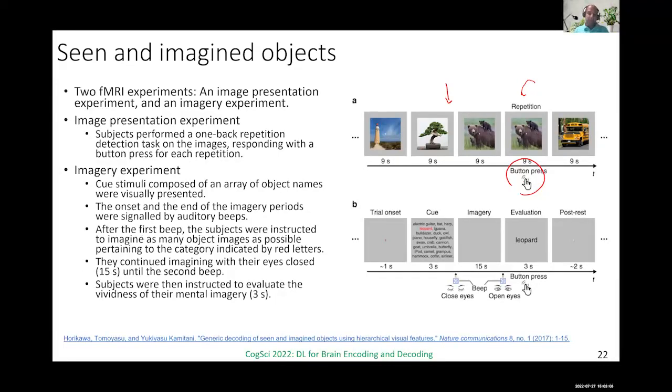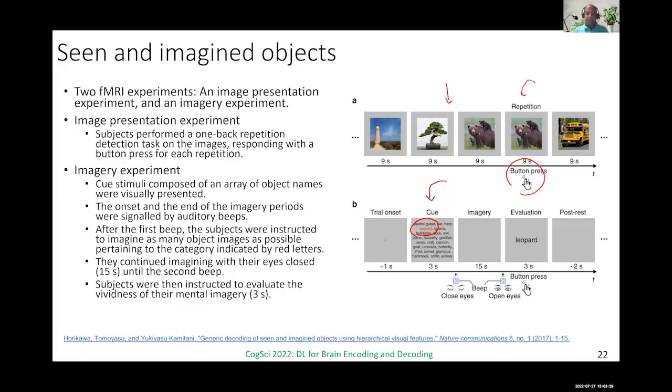In an imagery experiment, the subjects were shown a cue of this kind, cue stimuli, of which one of the words is highlighted here. Then, it is an imagery experiment, so the subjects were instructed to imagine as many object images as possible related to the keyword that is highlighted.